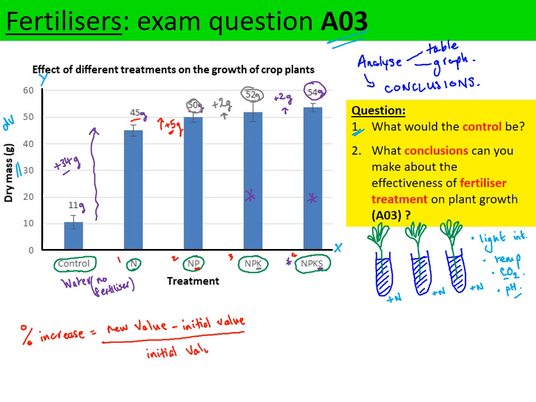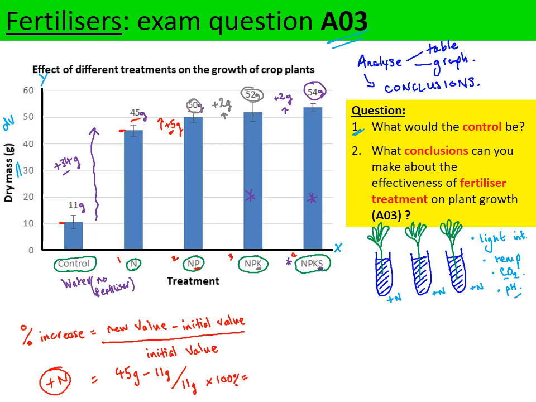So we're now going to compare the addition of just nitrogen on its own to the control. So this value here versus the control value of 11. The new value is 45 grams when we add fertilizer with nitrogen, minus the control value with no nitrogen, which was 11 grams, divided by 11 grams, because that's the original value, times 100, because we want a percentage.